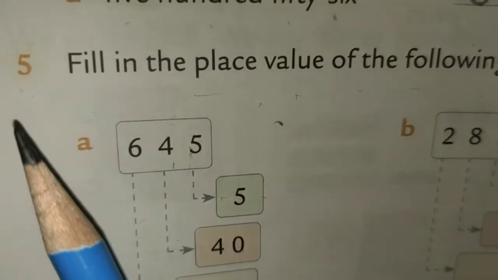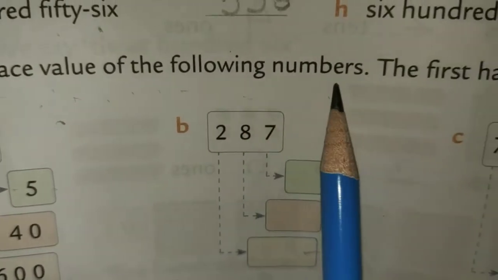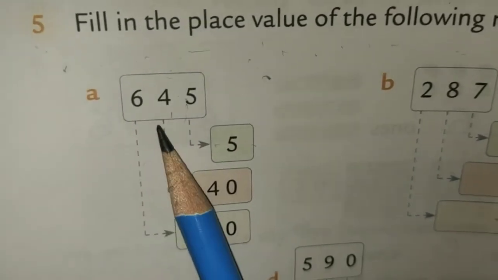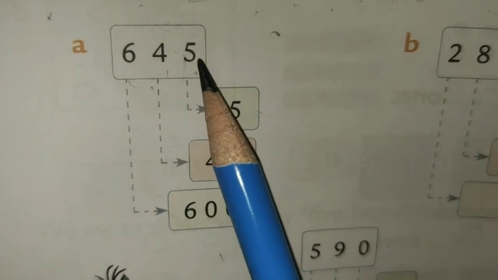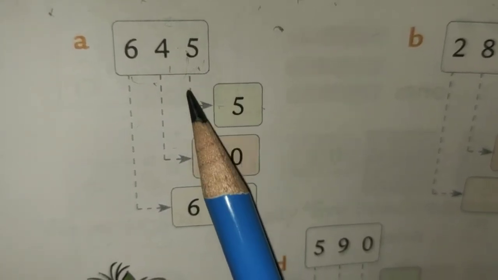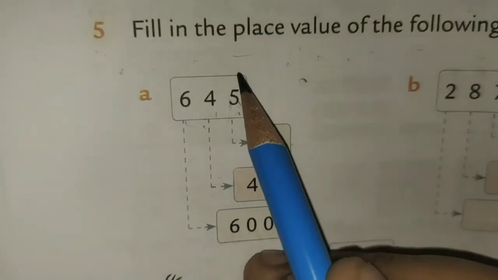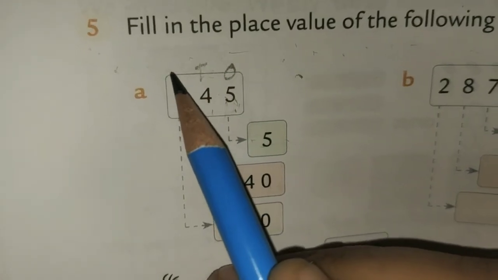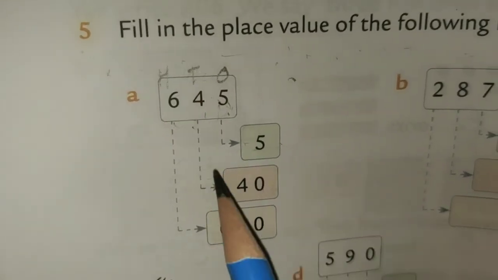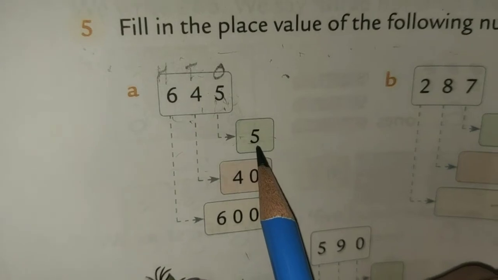Yes, now we are going to start the fifth question. Fill in the place value of the following numbers. The first one is already done for you. See, which number is this? 645. You have to write only the place value of this number. The last digit is called ones, the second is called tens, and the third is called hundreds. Ones has no partner, so it is alone.